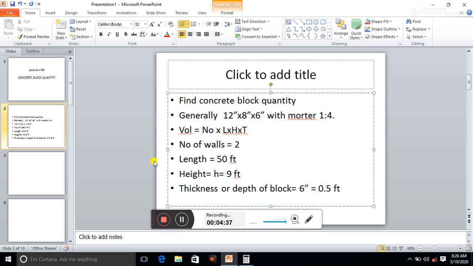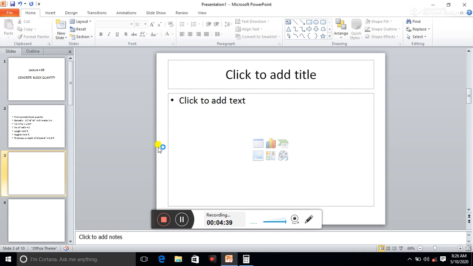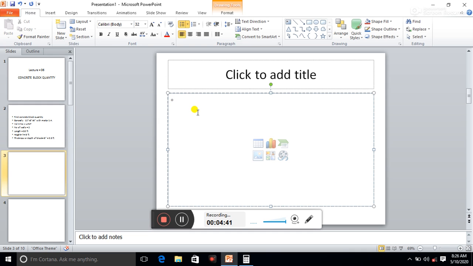So the volume of wall is equal to number 2 into length 50 into height 9 into 0.5 thickness.